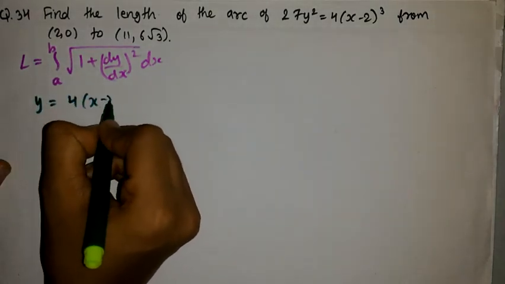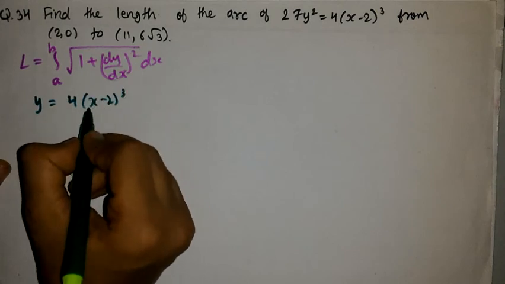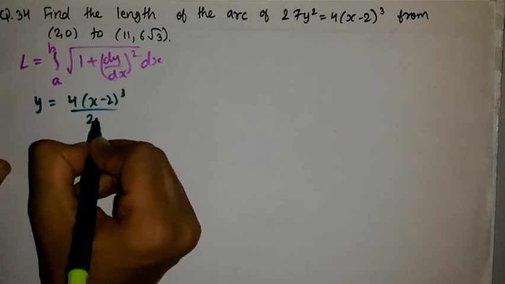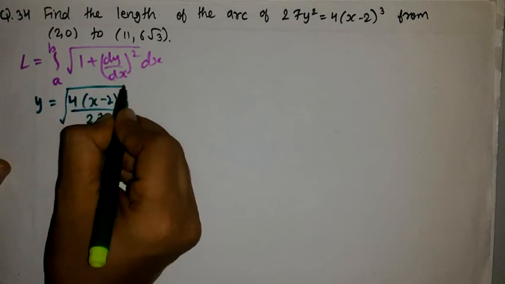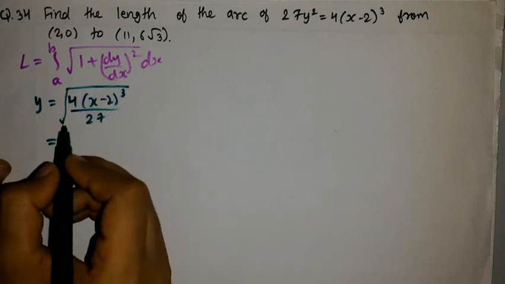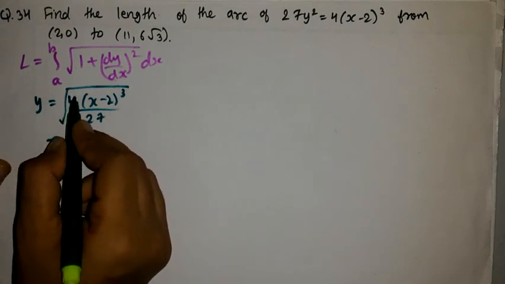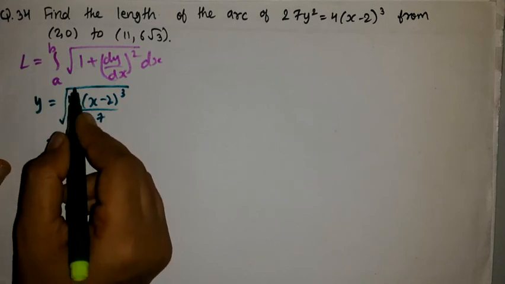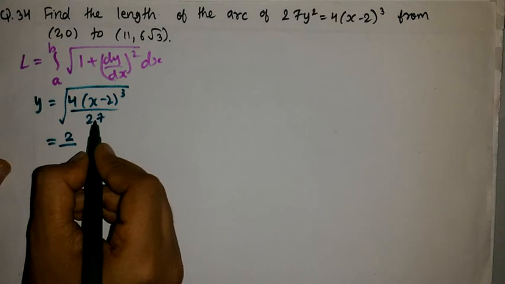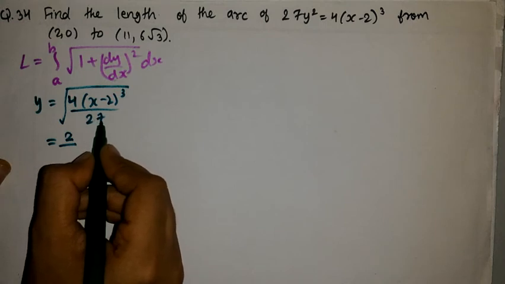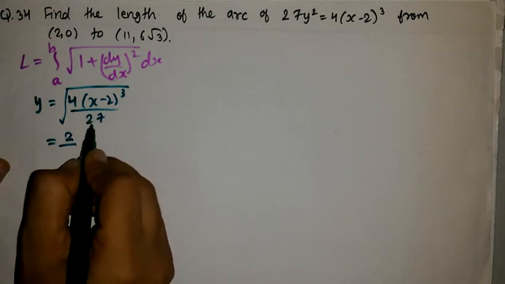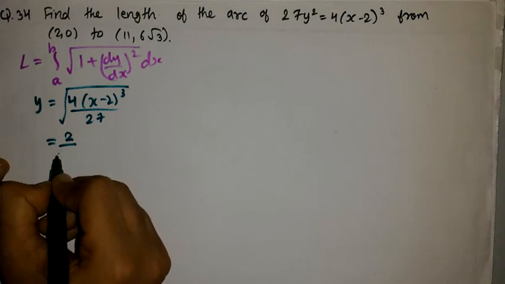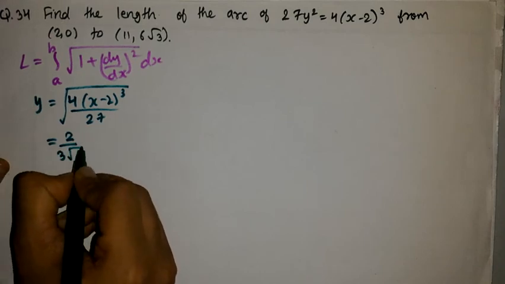root of 4 (x minus 2) whole cubed, and 27 will go downside and its root. Here 4 squared root will get cancelled, so it will be 2 upon 9 into 3, since 9 threes are 27, so 9 will come ahead, so it will be 3 into root 3.